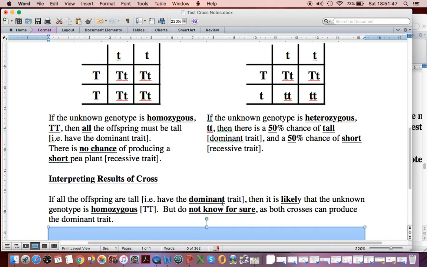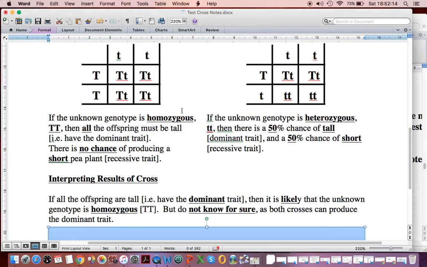If all the offspring are tall, meaning, hey, we got tall after tall, we do not know for sure which genotype the parent has. Were they homozygous or heterozygous? But if we do the cross many times, we would get more confidence that they're homozygous, because the other way, it's quite likely we would have got the recessive trait, but we never know for sure.